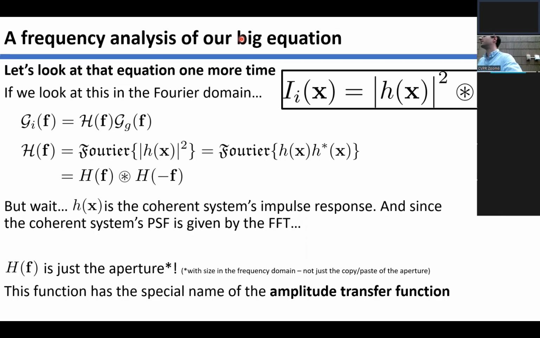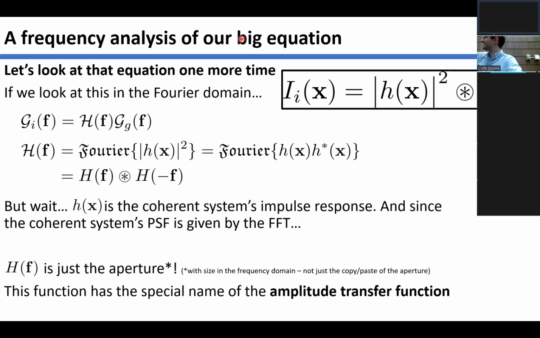Let's say I have a small lens. Of course, I'm not going to be able to image all that accurately, because a small lens means a large point spread function, whereas a big lens translates to a small point spread function. But I want to quantify this in more of a signal processing sort of way.